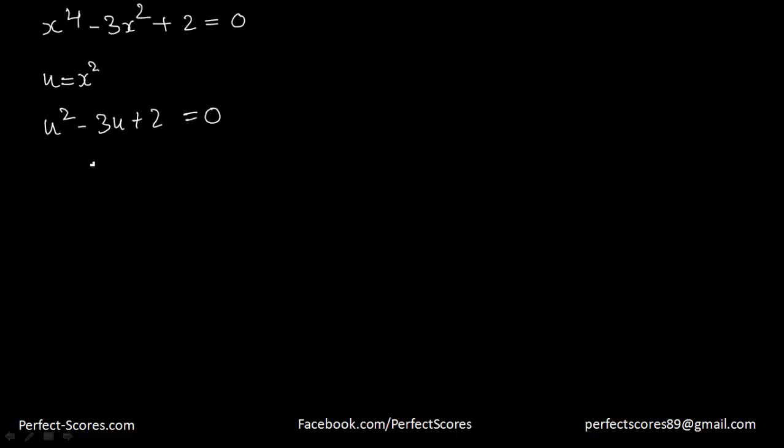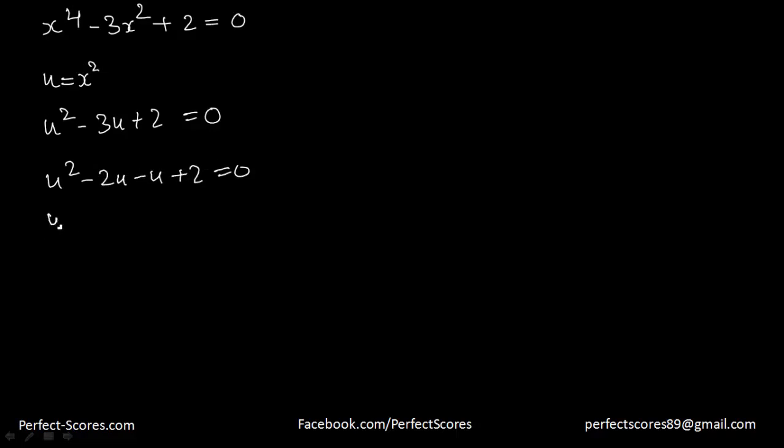Let's see another one. Let's say we have to solve x to the power 4 minus 3x square plus 2 is equal to 0. So in these kinds of questions, what you can do is substitute u to be equal to x square. Then this becomes u square minus 3u plus 2 is equal to 0. And now you can just solve it like a simple quadratic function, that is u square minus 2u minus u plus 2 is 0.